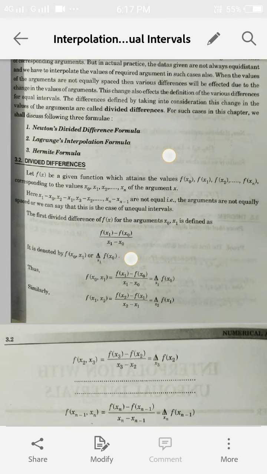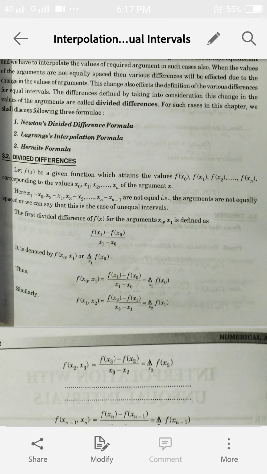Let f(x) be a given function which attains the values f(x0), f(x1), f(x2), ..., f(xn) corresponding to the values of the arguments x0, x1, x2, up to xn. Here we say that the values of x are not equally spaced.